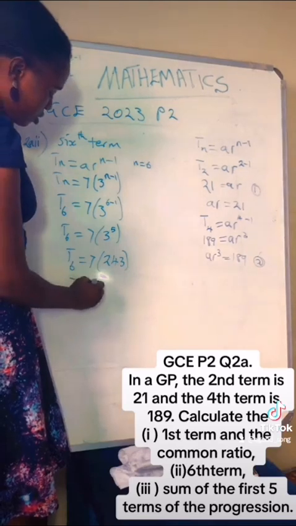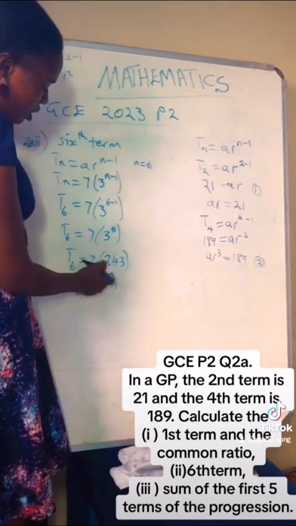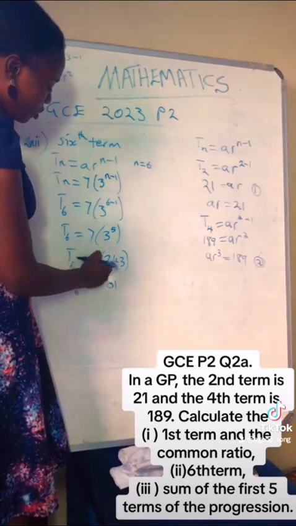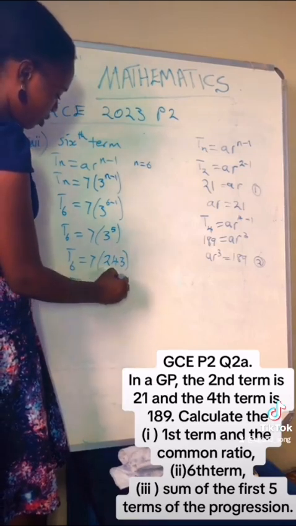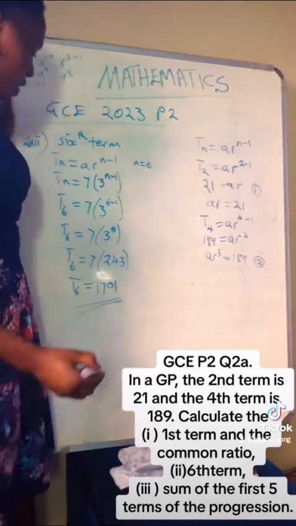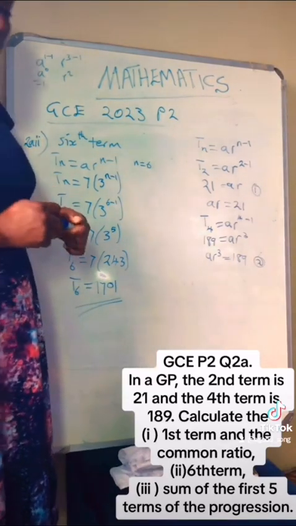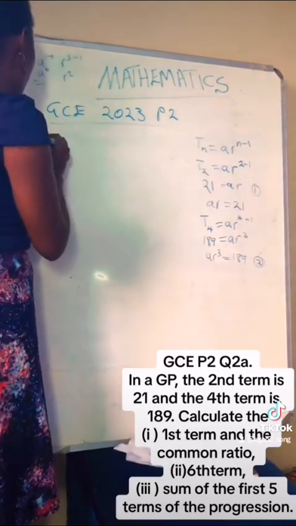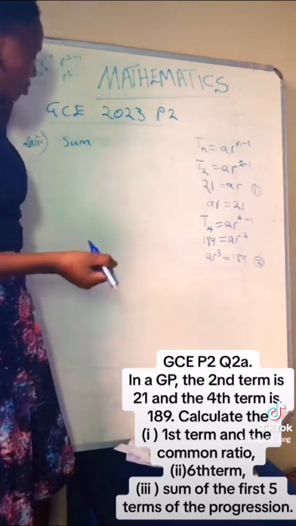So T6 is equal to 7 times 3 is 21. Carry 2, 28, 29, 30. Carry 3, 14, 15, 16, 17. So the 6th term in this sequence is 1701.